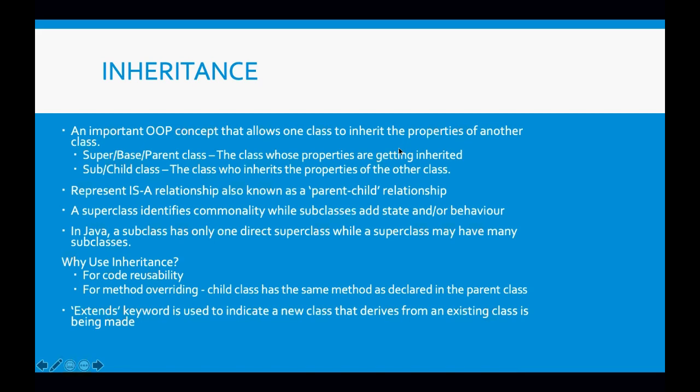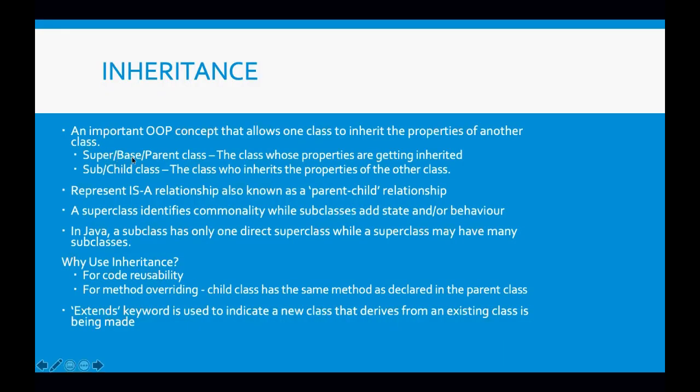So today we'll be looking at inheritance, and this is a very important object-oriented programming concept that allows one class to inherit properties of another. So for example, if you want to create a class and you have another class that contains some properties that you want your new class to have, you can create an inheritance relationship between the two of them, where your new class will get the properties from that class that you created, and they're classified into parent class or child class.